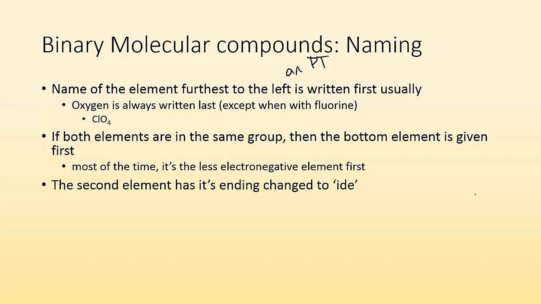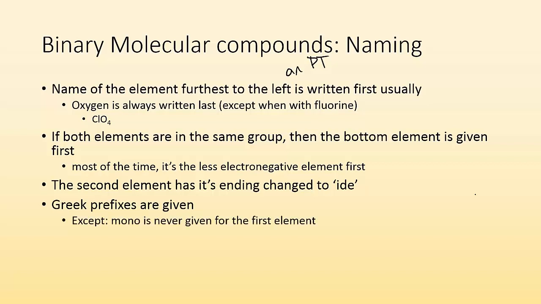The second element has its ending changed to "ide." We also use Greek prefixes, except mono. Mono is never given for the first element because, of course, there's one of them. You just said the name. You don't have to say mono something for the first element.